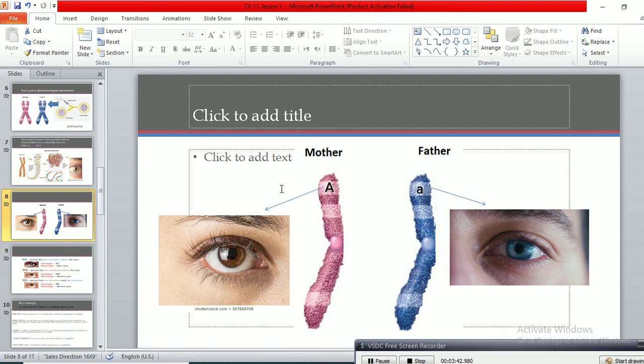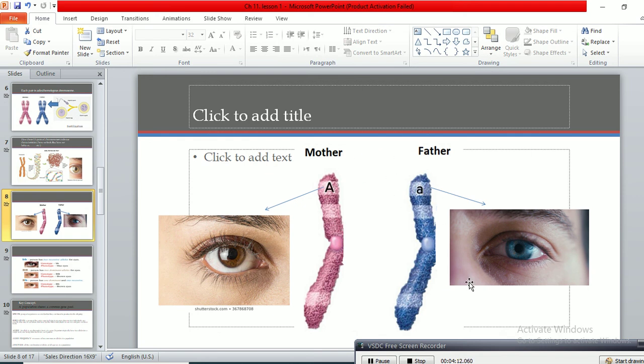One is inherited from the father and one from the mother. Which one will express itself? Which one will be dominant and which one will be recessive? The recessive will not express itself. Brown color and blue color are alleles for the eye color gene, different versions of a gene.